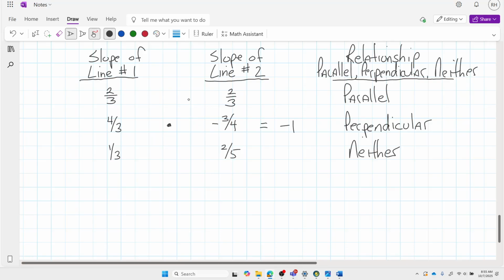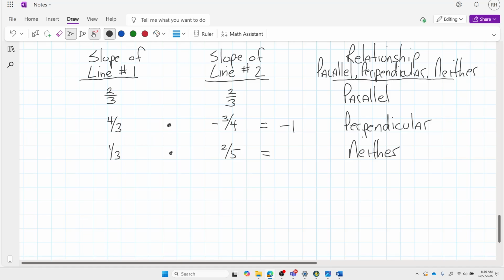Same slope, lines are parallel. If you multiply the slopes of the two lines and your product is -1, then the lines are perpendicular. If the slopes aren't the same, and when you multiply them, it's not -1, let's double check this. 1/3 times 2/5.